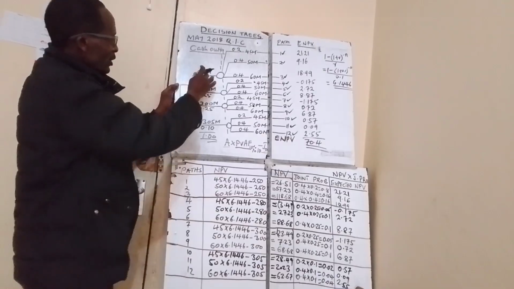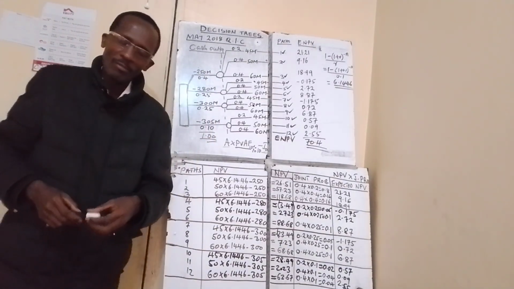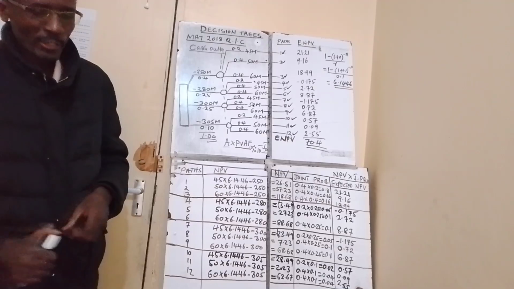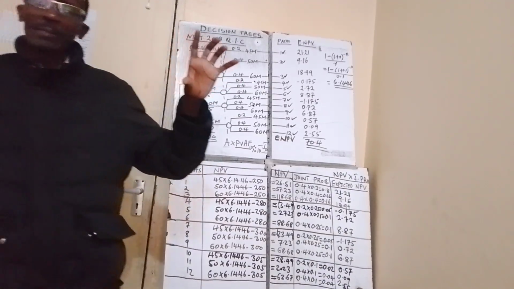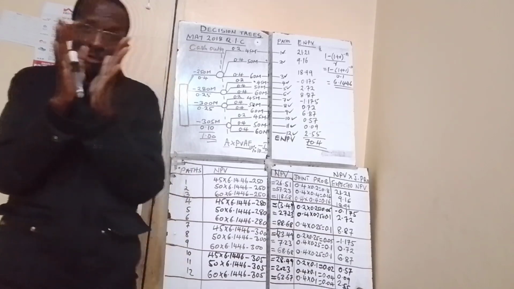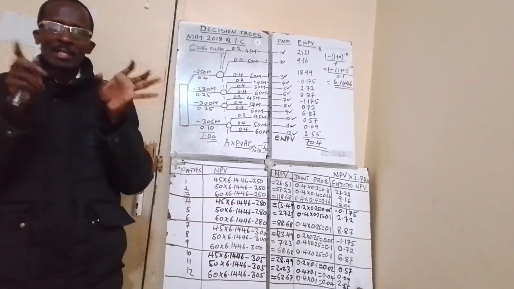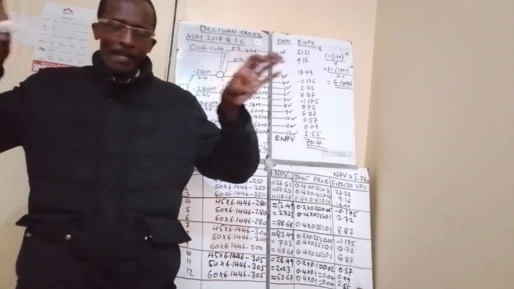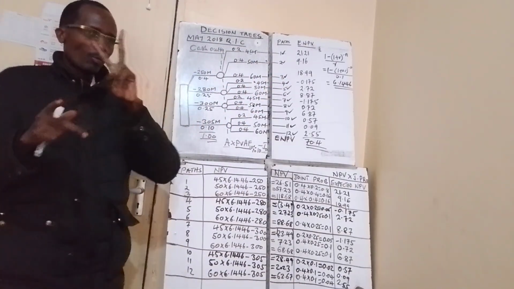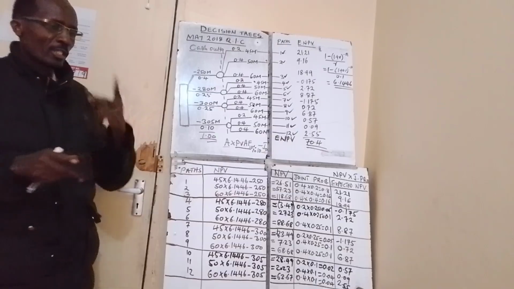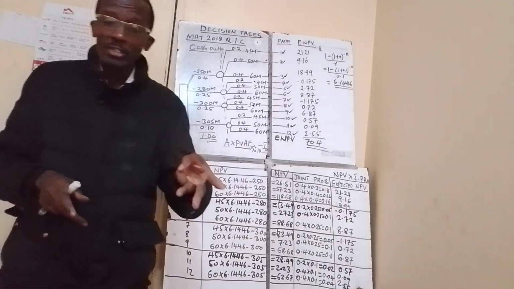Now you start with the initial capital outlays together with their respective probabilities. Then ask yourself how many probabilities have you been given. The total number of probabilities will help you to establish how many branches are there in your decision tree. If you are given 2 probabilities, it means you have only 2 branches. If there are 3, there are 3 branches.